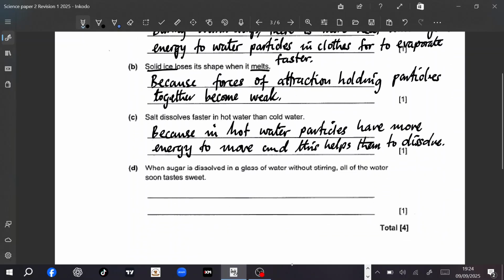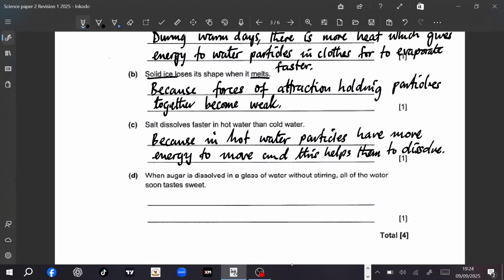Let's see if we have another question. Yes. Then they're saying when sugar is dissolved in a glass of water without stirring, the water soon tastes sweet. So they're saying we suggest a reason why when you put sugar in water, even without stirring the mixture, you find that the water becomes sweet.